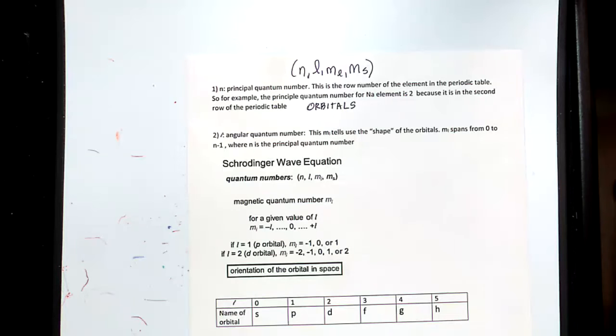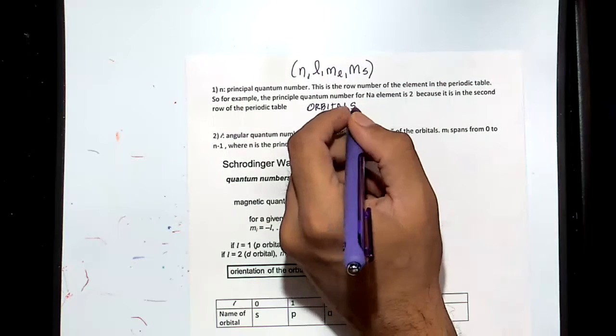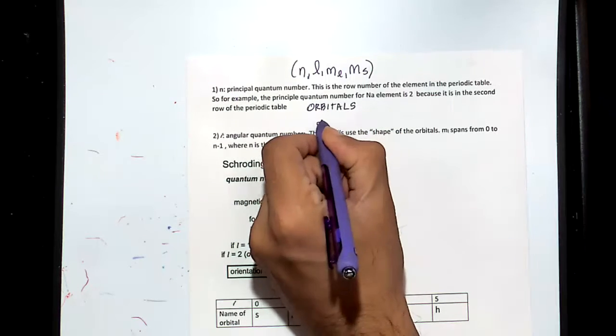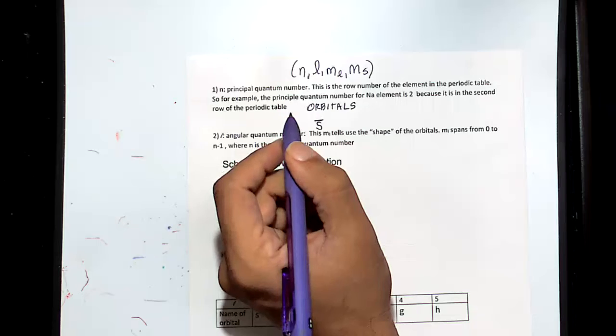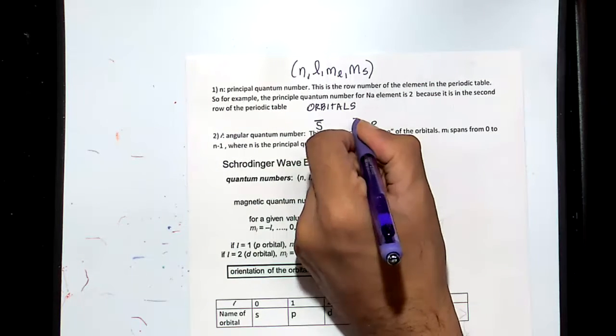Anyways, these electrons are going to reside in orbitals. Let me give you the orbitals now. It can reside in what's called an s orbital. There's only one slot in an s orbital. It could reside in a p orbital. There are 3 slots.